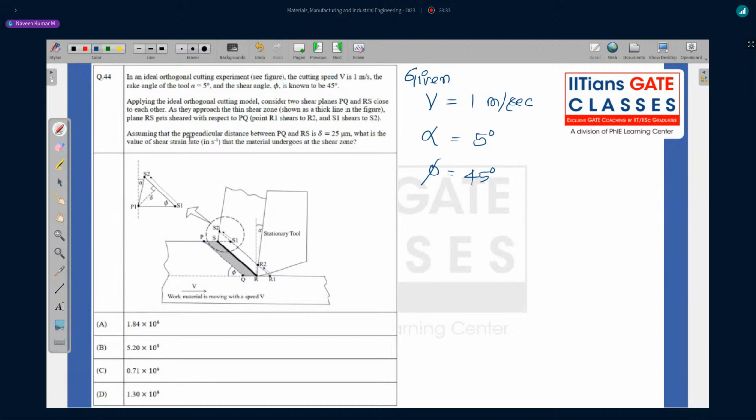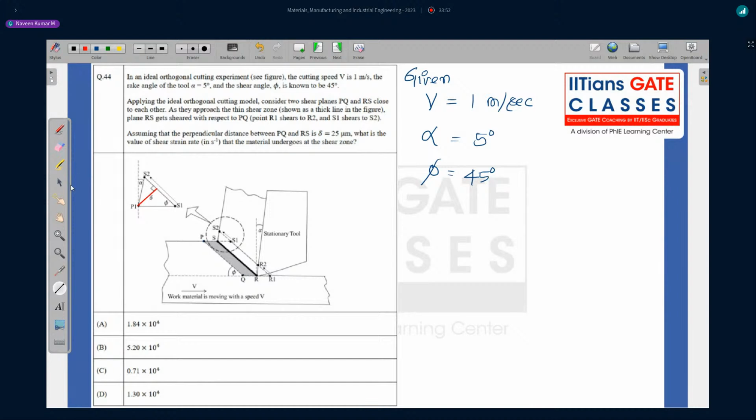So assuming that the perpendicular distance between PQ and RS is delta, you can see the distance they are talking about is this. That is the delta they're saying.